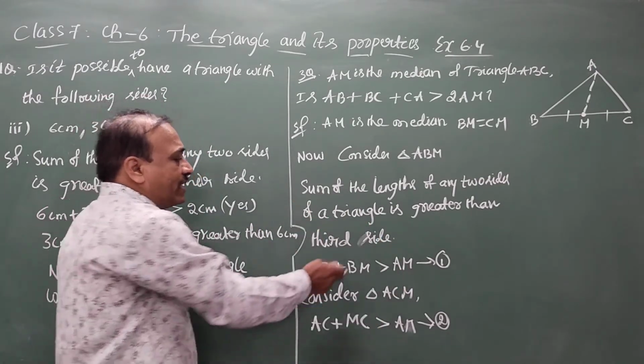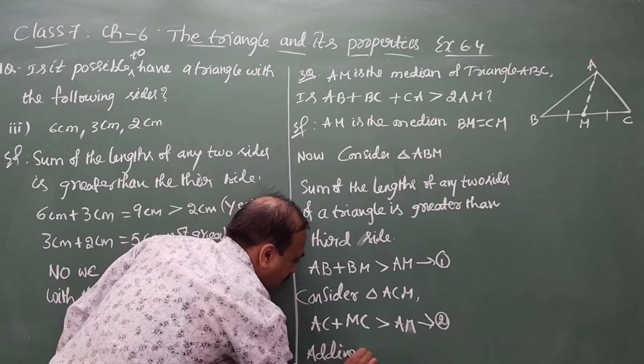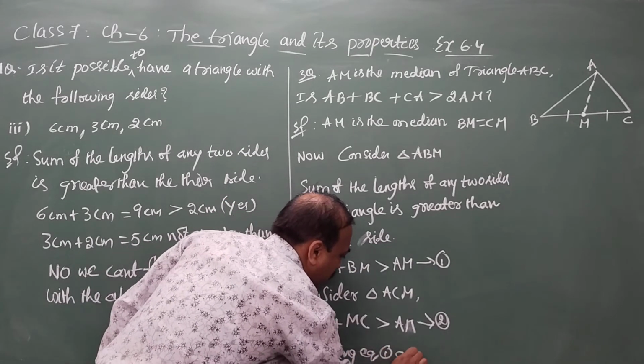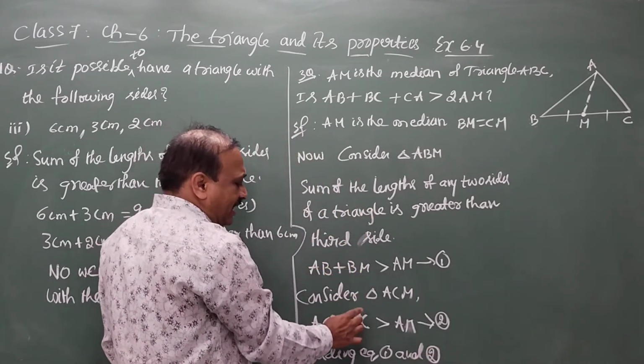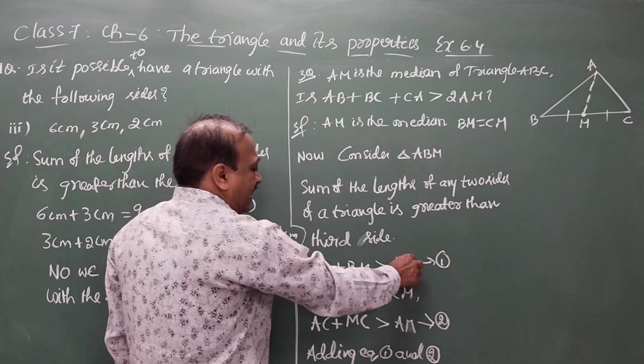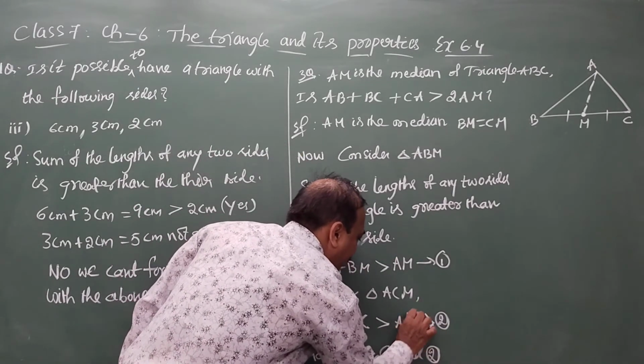So adding equation 1 and 2. What is equation 1? LHS part and this LHS part we will add. RHS part and RHS part we will add. So this is AM.